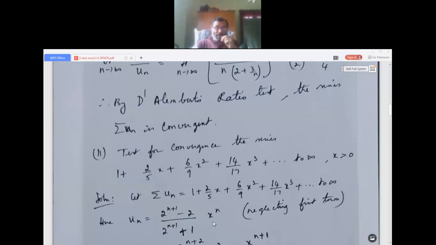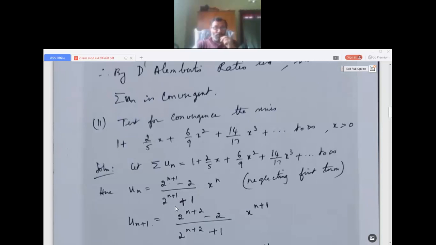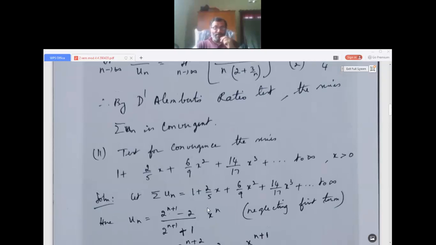So un is equal to (2 power n plus 1 minus 2) divided by (2 power n plus 1 plus 1) into x power n. See, why I wrote that? Because this first term you neglect. Otherwise it is very difficult to write the nth term of this series, because it is not in a very simple order. It is not arithmetic progression. For example, 2 plus 4 is 6, but 6 plus 4 is not 14.